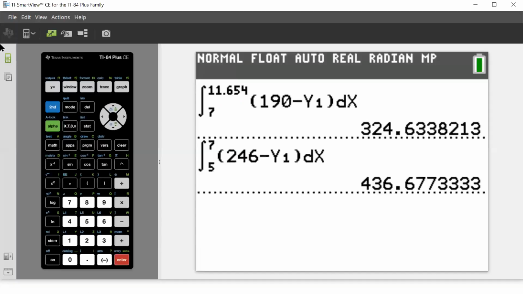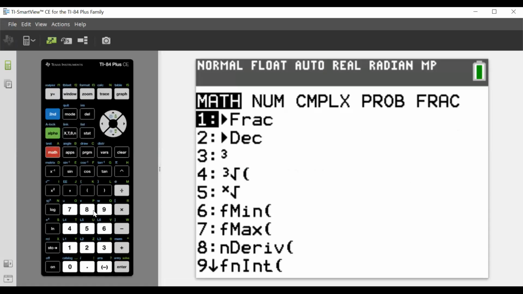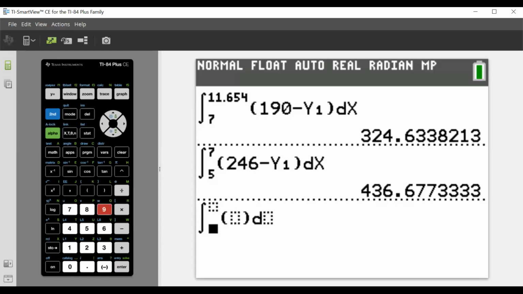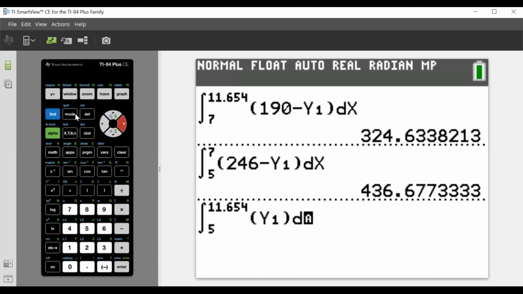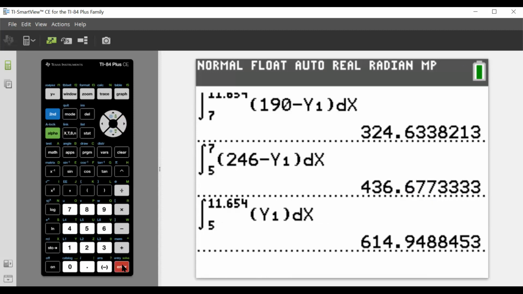So first off, we're going from math 9, 5 to 11.654 of our alpha 1 of x. So 614.949.